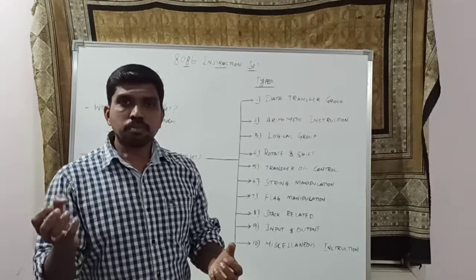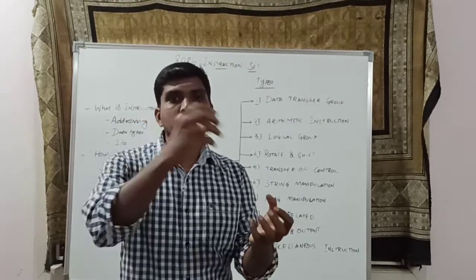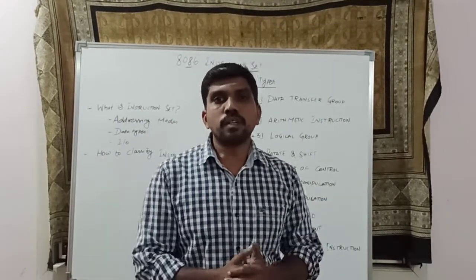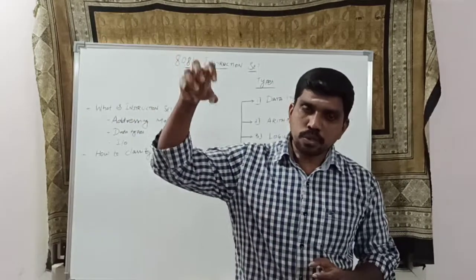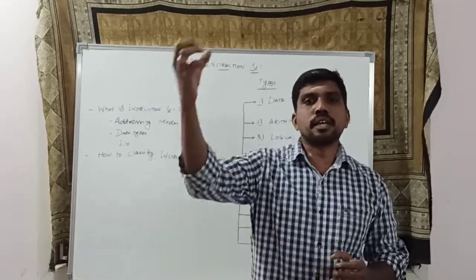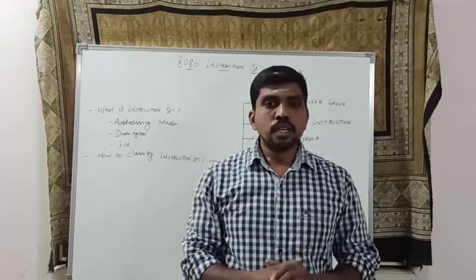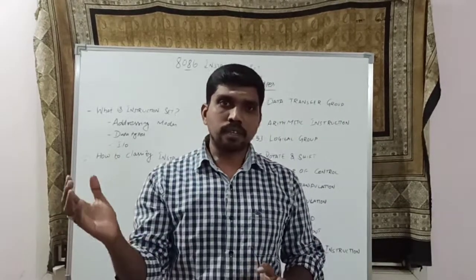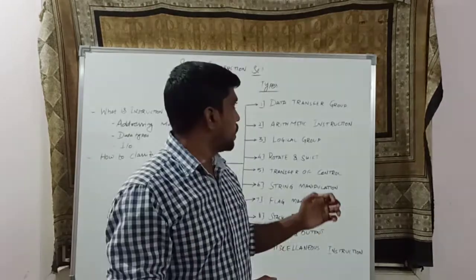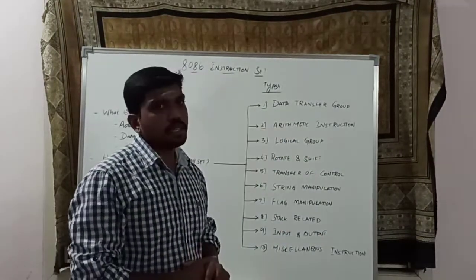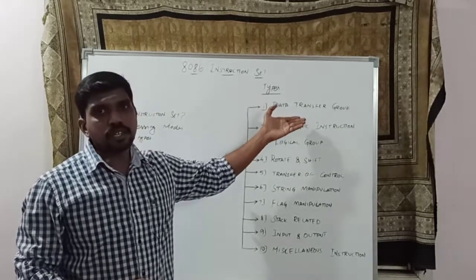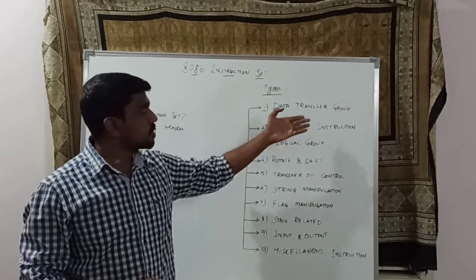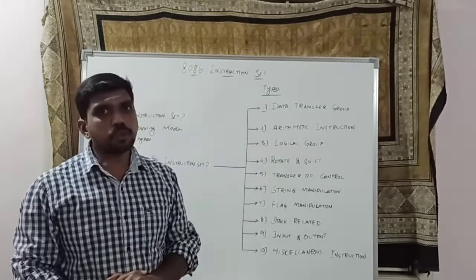The data is passed from one place to another place, and those places are called source and destination. Whatever value is present in the source point, that value is just transferred to the destination point. So just transferring the data. That kind of instruction comes under the data transfer group, like move or exchange. These instructions all come under the data transfer group.